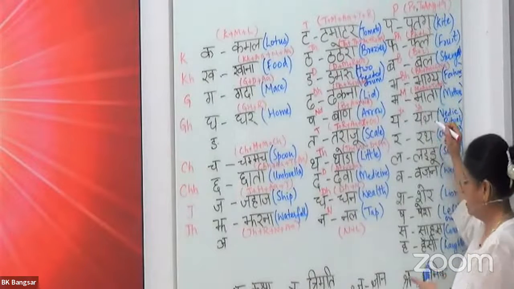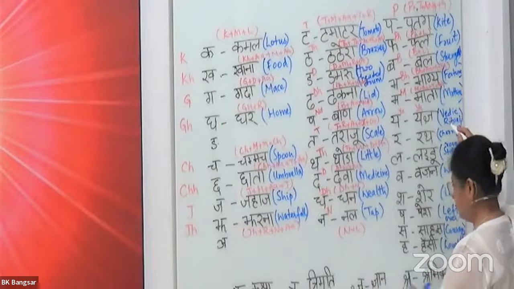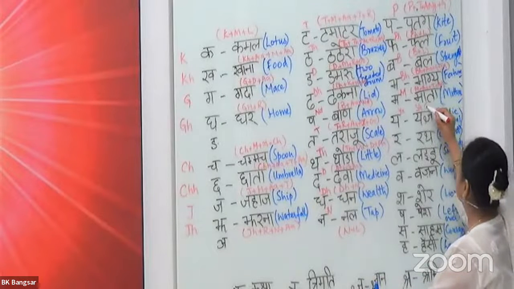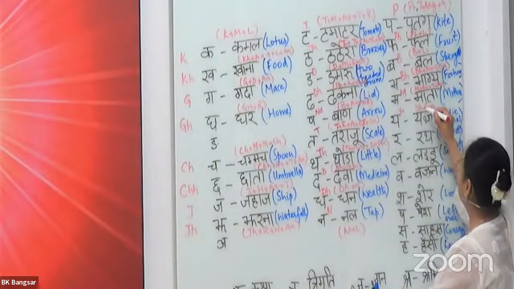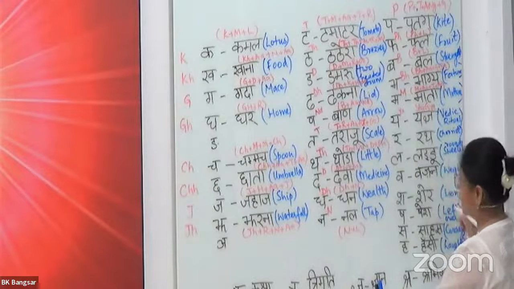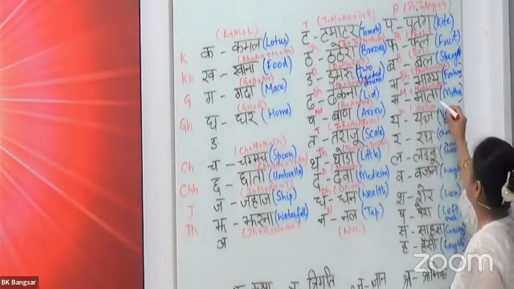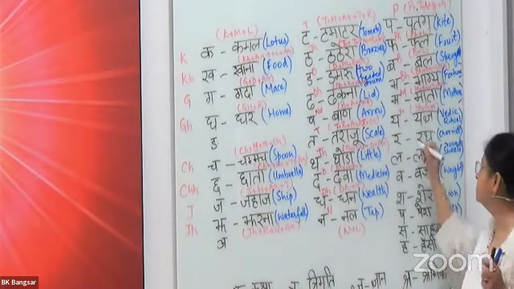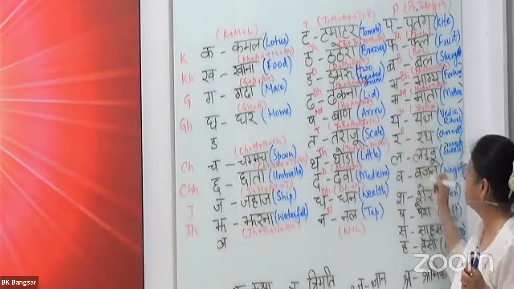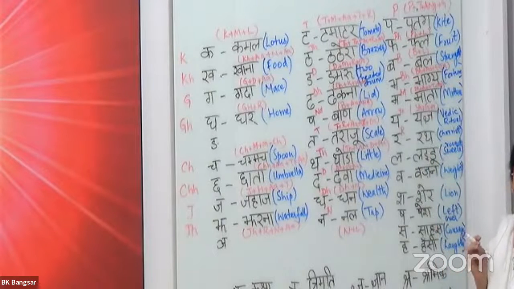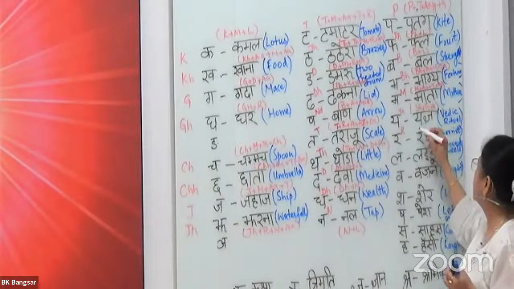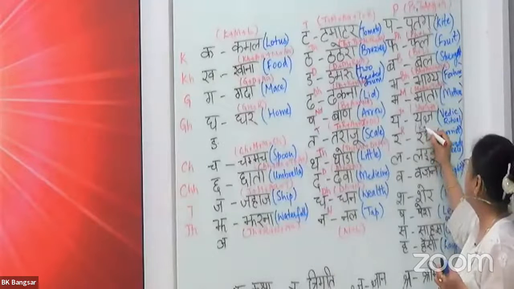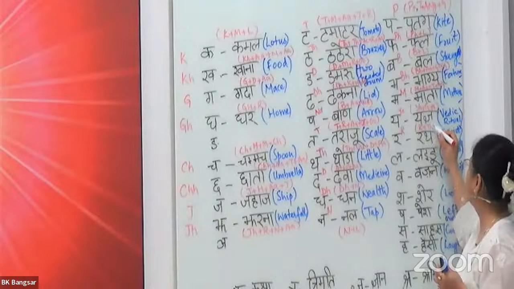It is this alphabet here. Then is ra. Rath, chariot. Rath.